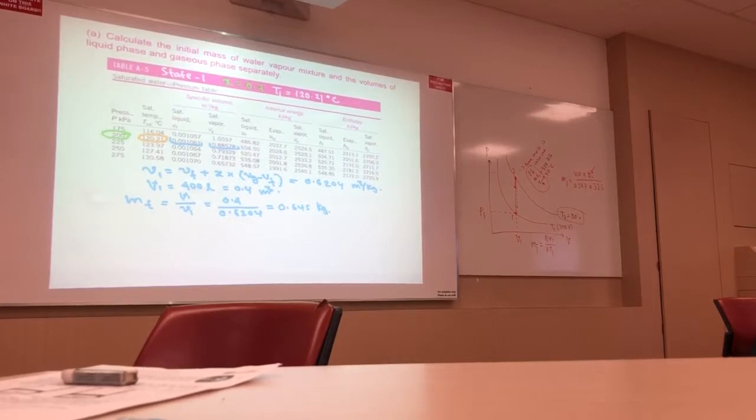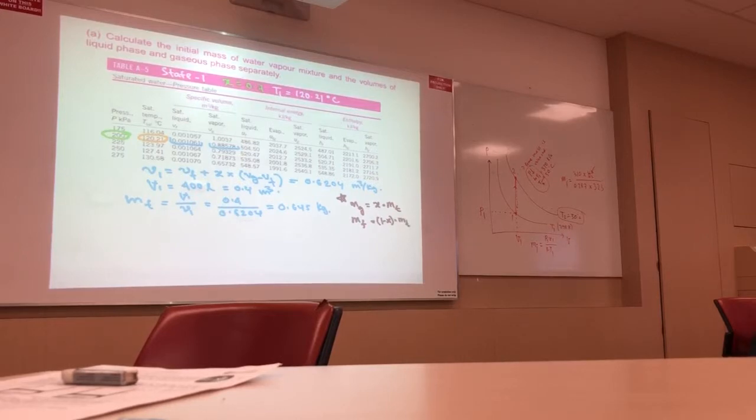So how can you calculate the liquid mass and vapor mass? I give you 2 stars, right? How to find vapor mass? Quality times total mass. You know this, right? Mass of liquid phase is 1 minus x times total mass.